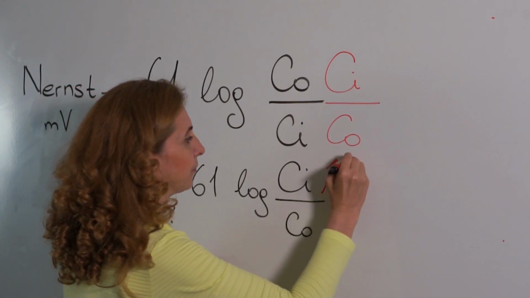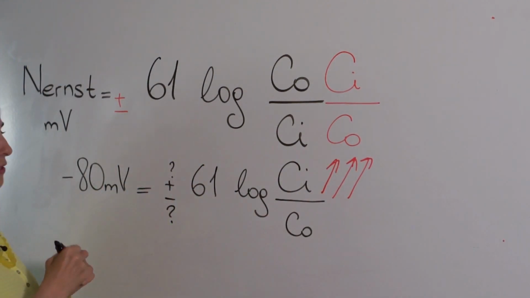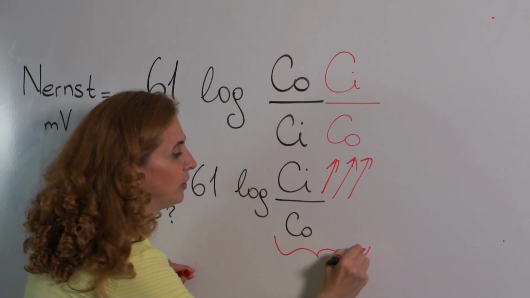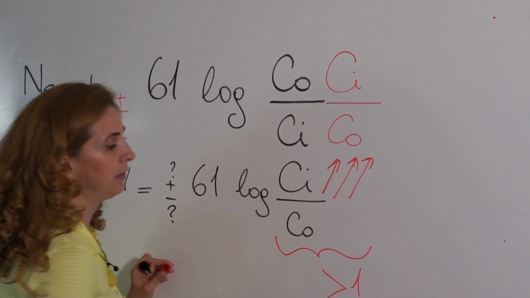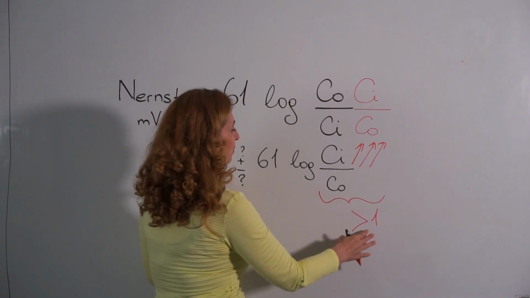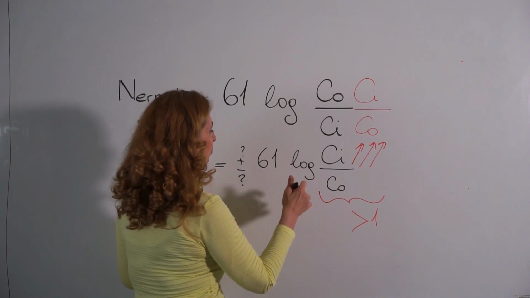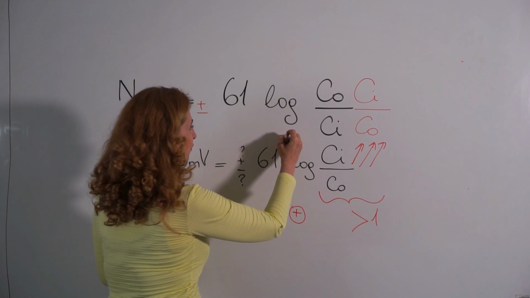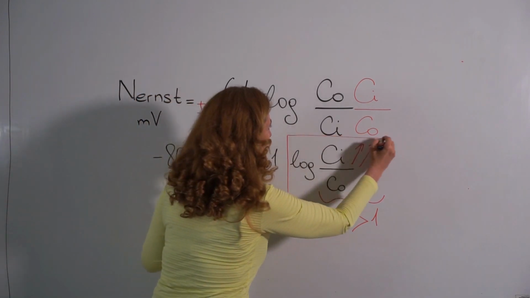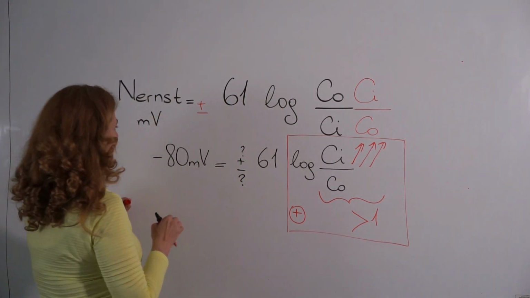So, for potassium, the inner concentration is much bigger than the outer concentration. So the ratio here is going to be a number bigger than 1. If you have a number bigger than 1, the logarithm of this is going to be a positive number. So now, from this part of the formula, we have a positive number.